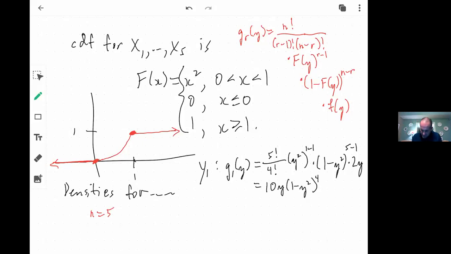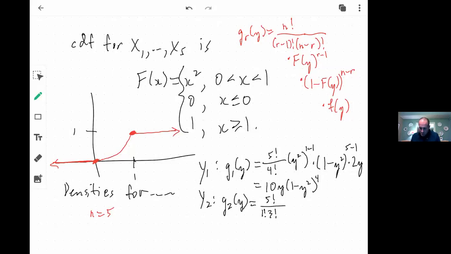What about for y2? Well, I get g2 of y. It's going to be 5 factorial over 2 minus 1, which is 1 factorial, and 5 minus 2, which is 3 factorial.